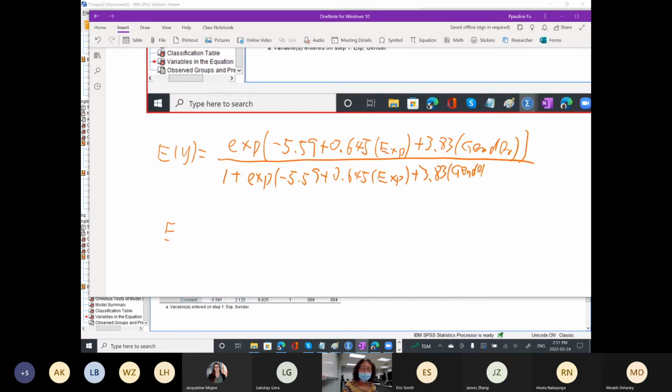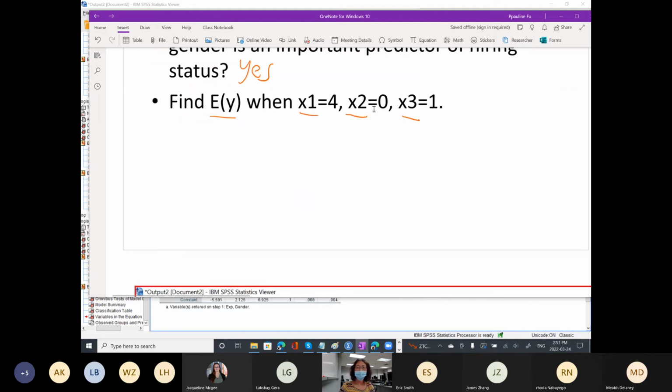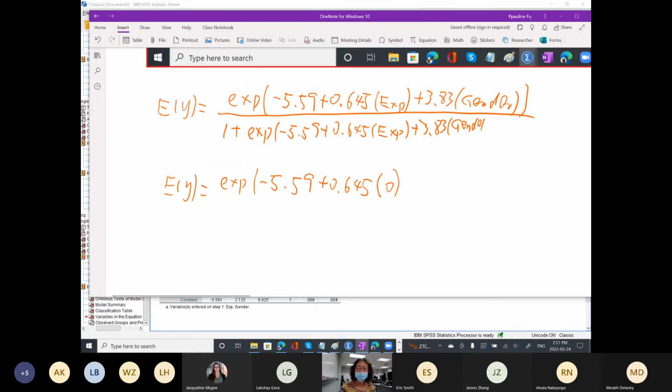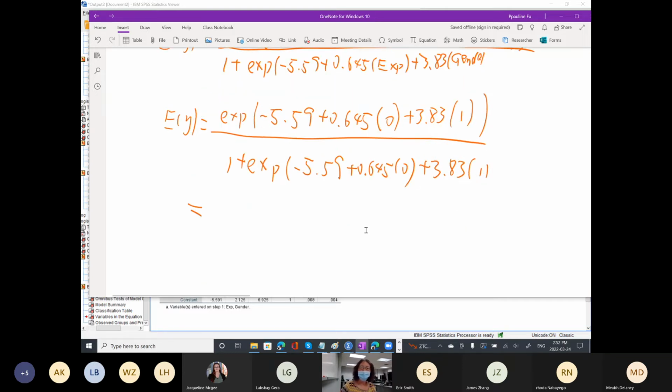So to predict, EY equals EXP of negative 5.59 plus 0.645 times 0, when experience equals 0, plus 3.83 times 1 for gender, over 1 plus EXP of the same. So what would this number give us?